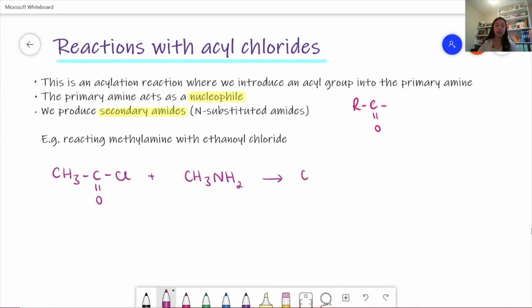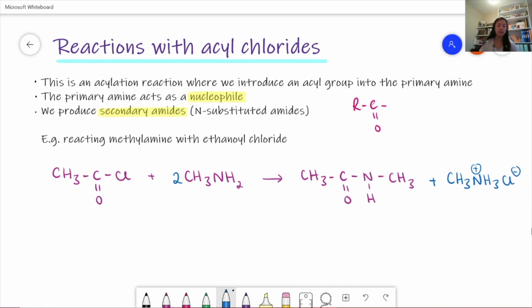So we get CH3, C double bond O, and then we have NH, and then a methyl group. And we actually react this ethanoyl chloride with 2 of these methylamines. And so we also form this salt, CH3NH3+ and Cl-.